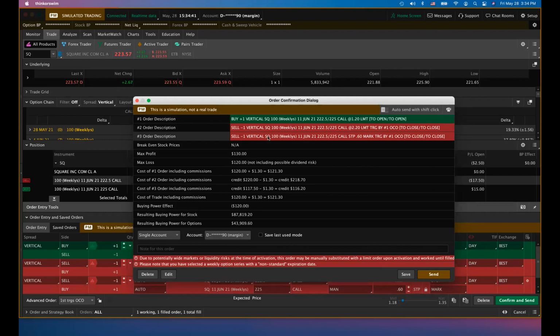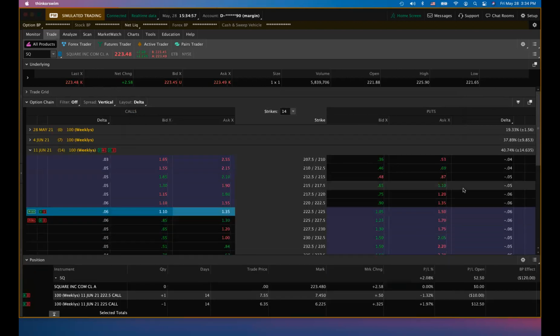And then our third order is our risk management, which is our stop loss order. And if the value of the spread goes down to 60 cents, then we should exit the trade. And all of this is going to be done automatically. So we review, we'll click send. All right. So that is how I quote unquote monitor my spreads. I usually put them in as OCO orders.